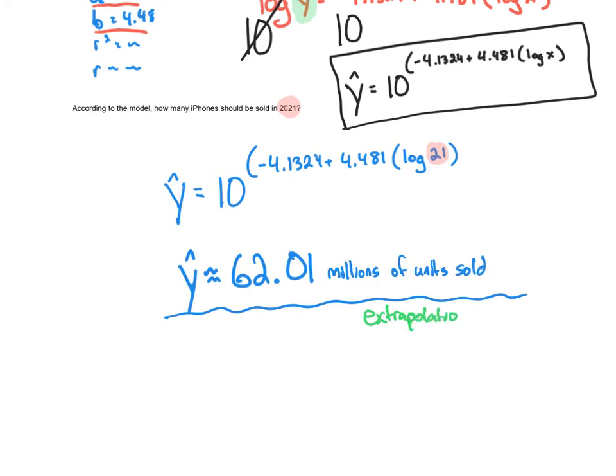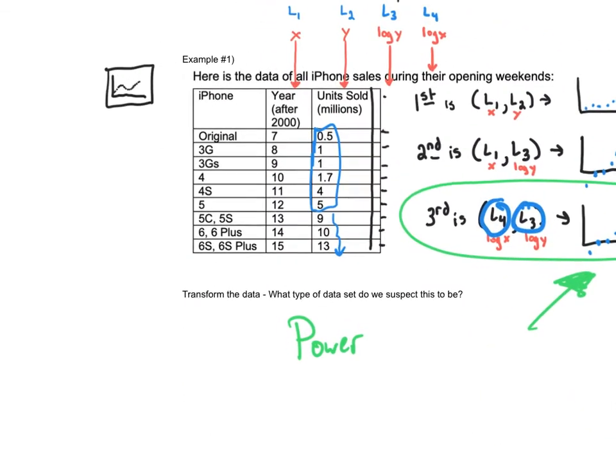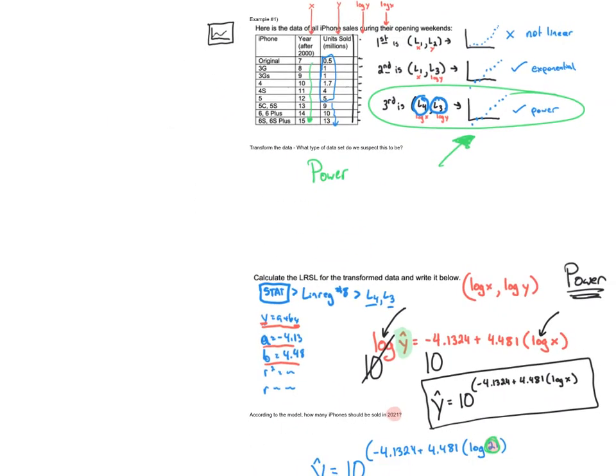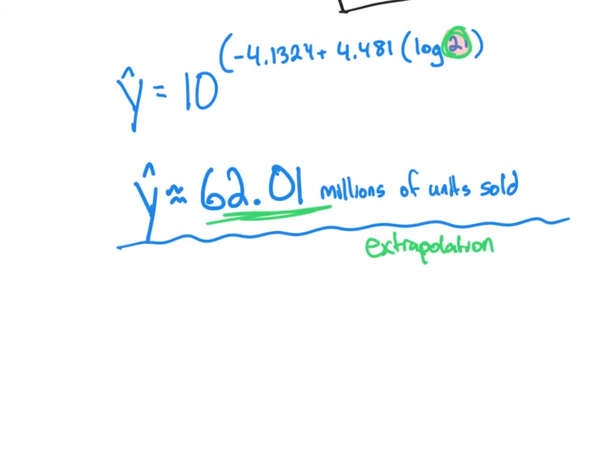Extrapolation, because I predicted outside of my data set, right? So 21, my data only goes up to 15, right? So I am 6 years beyond the data set. So I'm extrapolating, but I'm still nonetheless getting this predicted value.